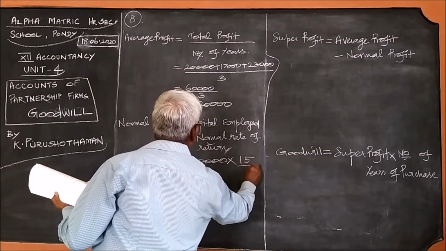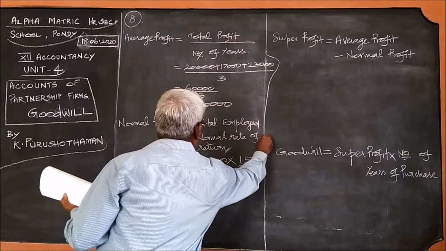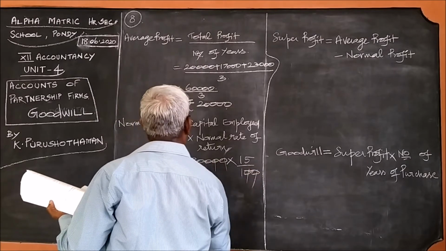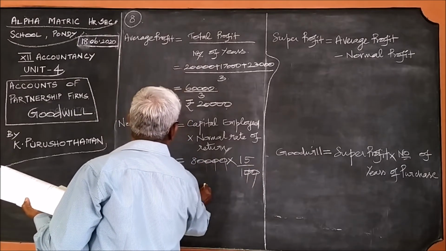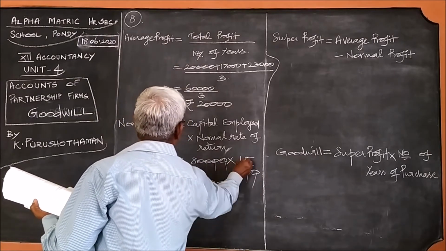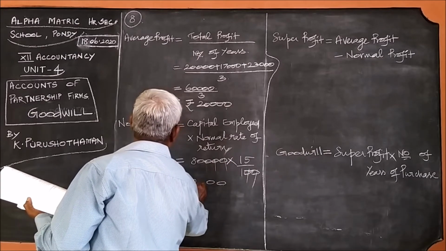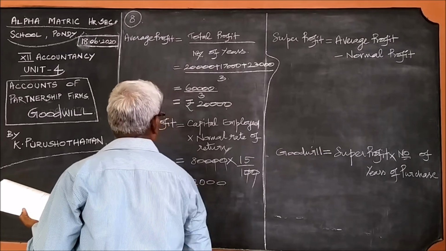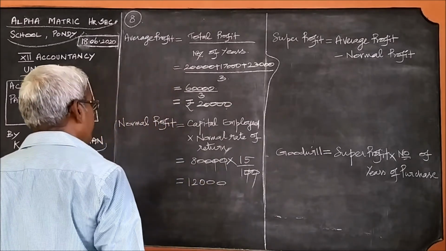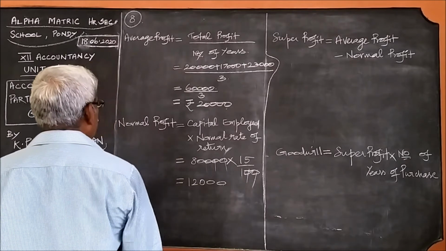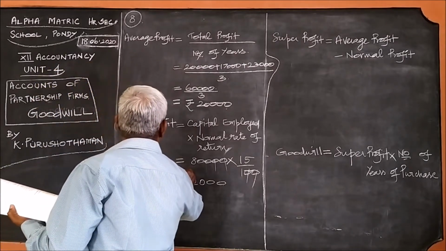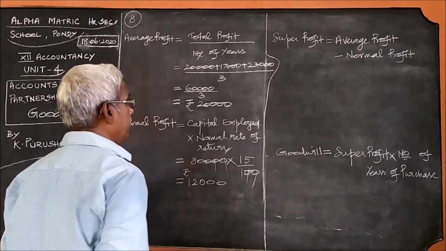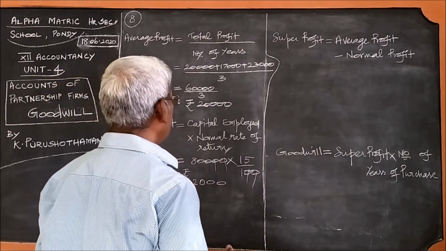Therefore, 15 by 100 into 80,000, simplifying, is 12,000. Now we have kept ready the average profit and the normal profit, 20,000 and 12,000.